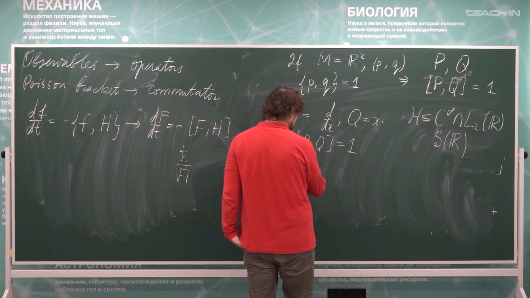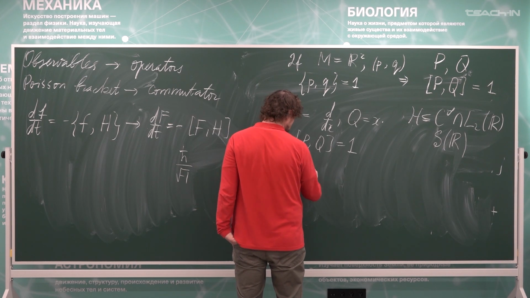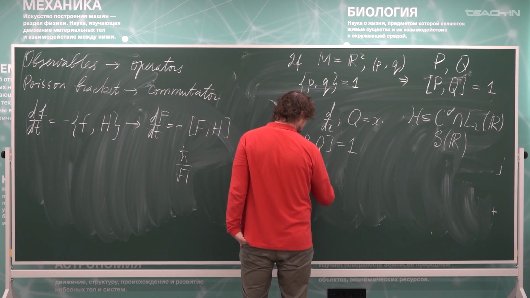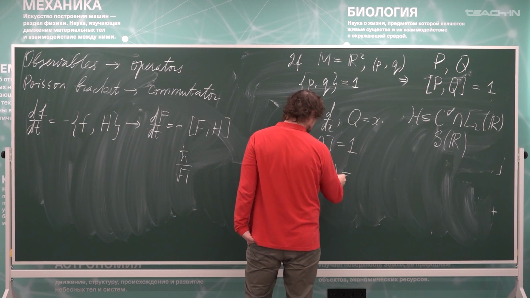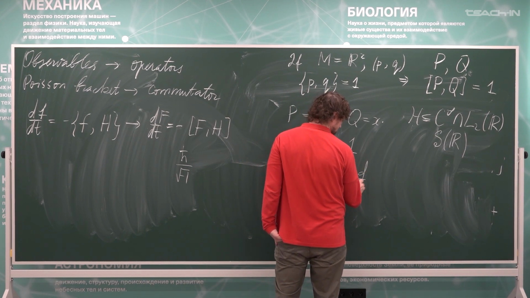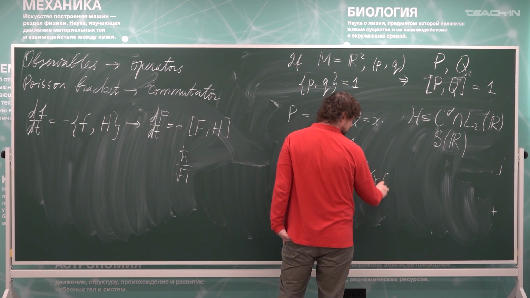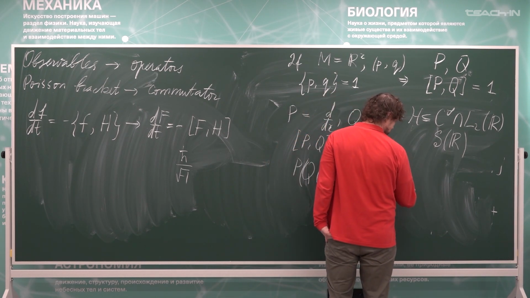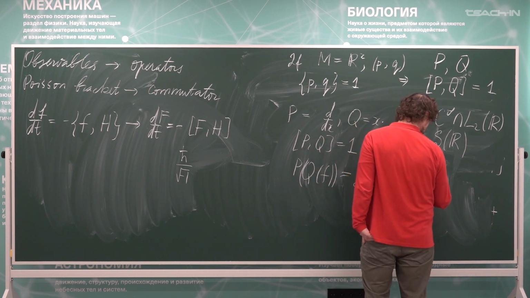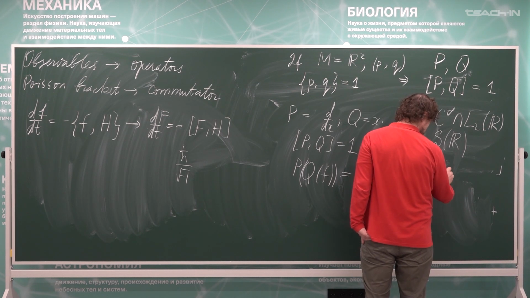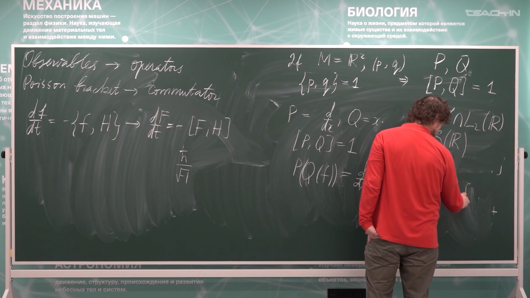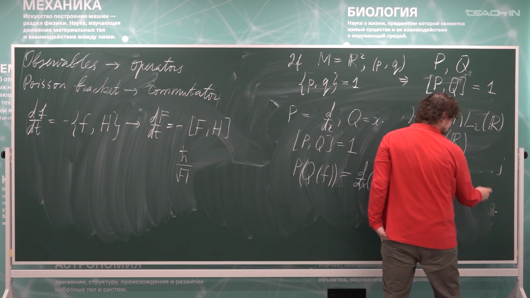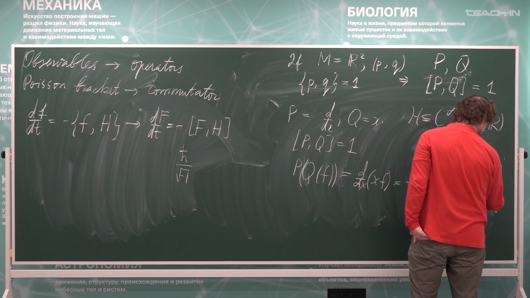That's because for every function f, P of Q of f is equal to d over dx of x times f, which according to the Leibniz rule is equal to f plus x times df dx. That is to say, f plus Q of P of f.